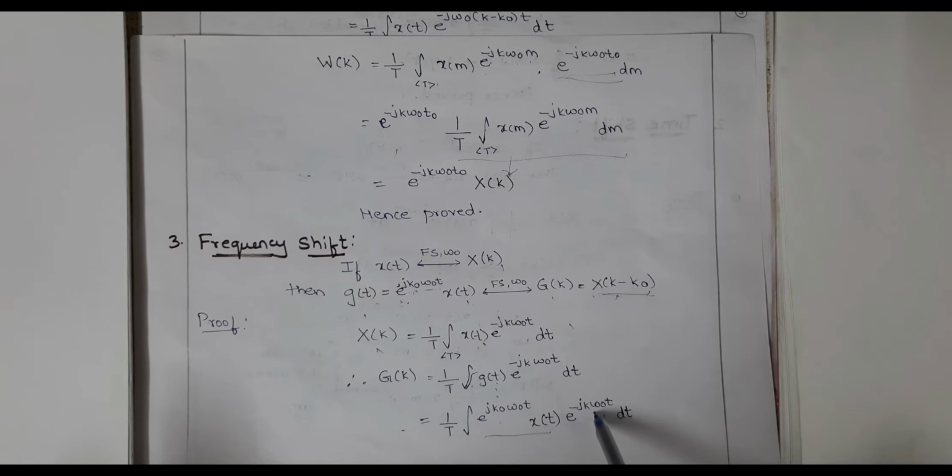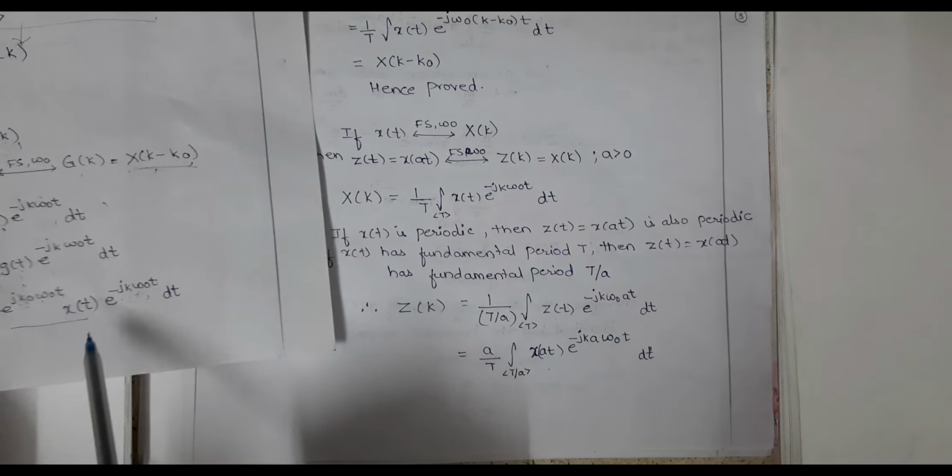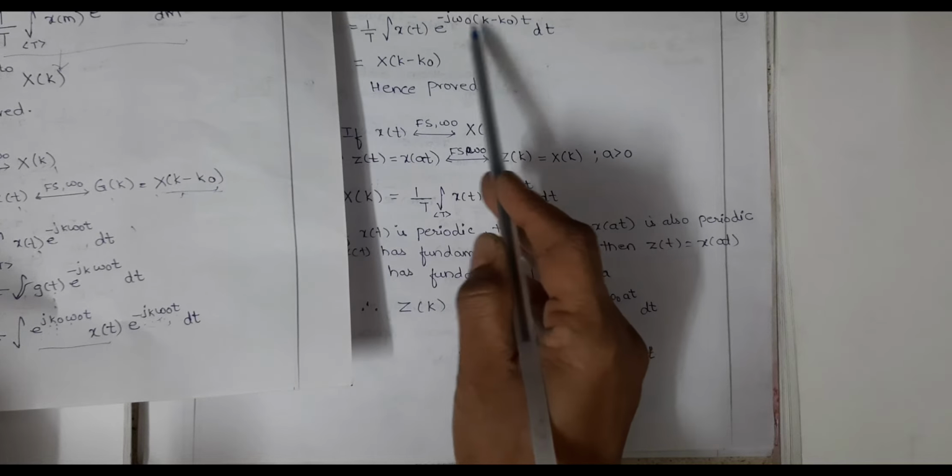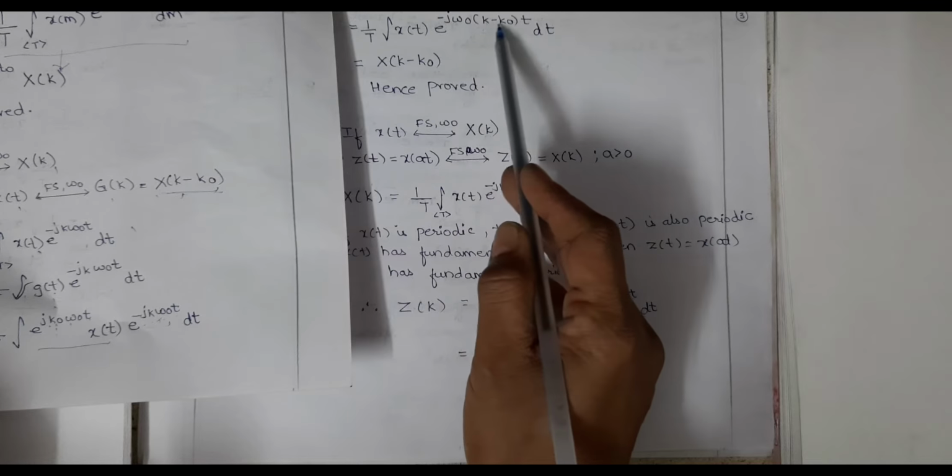Now since these two terms, e raised to j k naught omega naught t and e raised to minus j k omega naught t, from these two terms in the power you can take j omega naught and t common. If you take common, the minus is also taken common, giving k minus k naught.